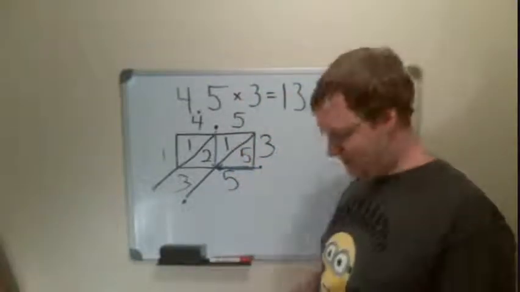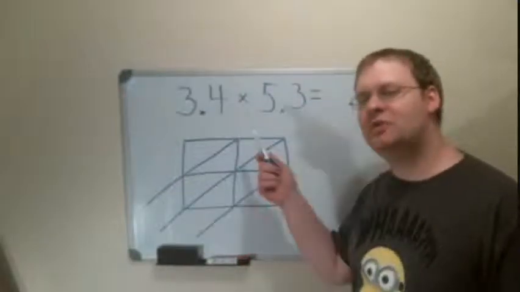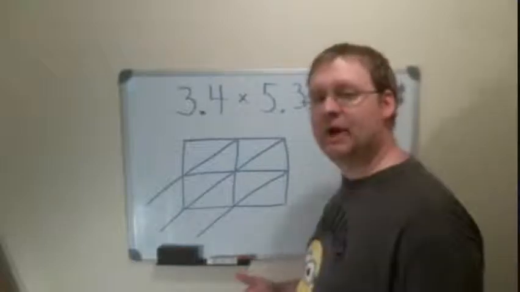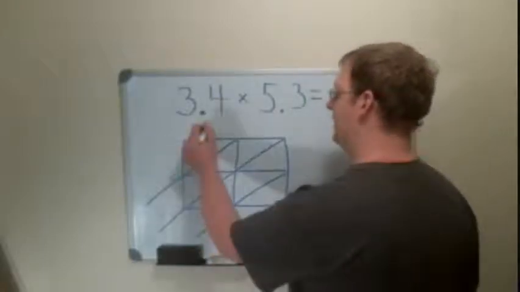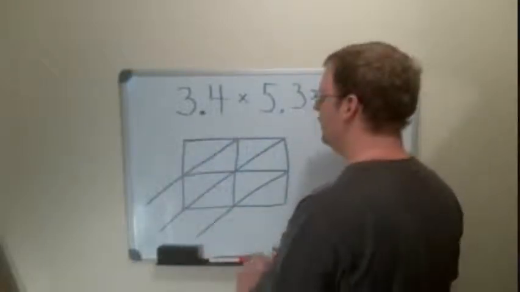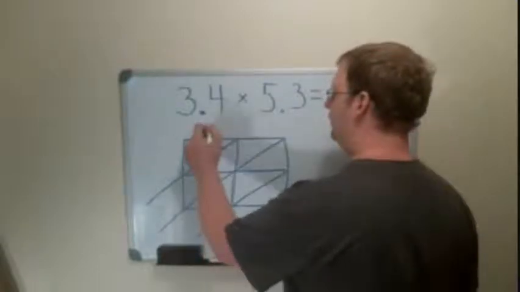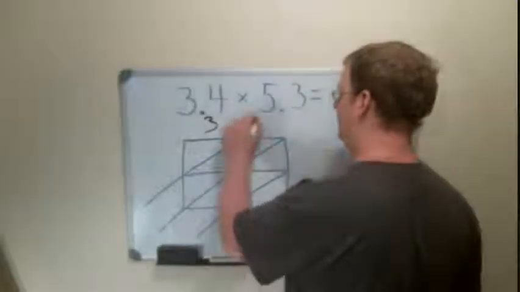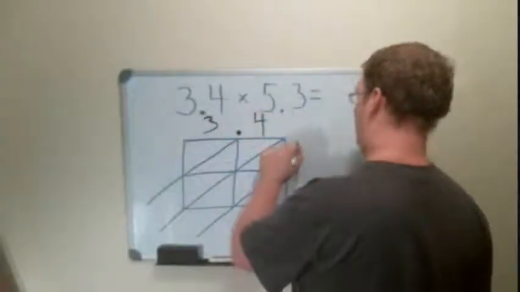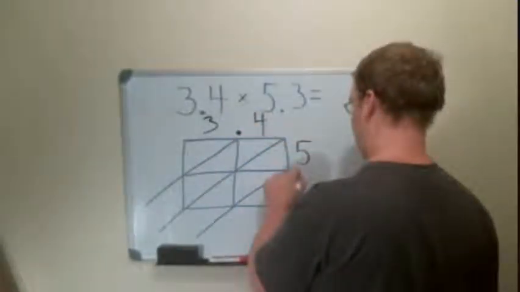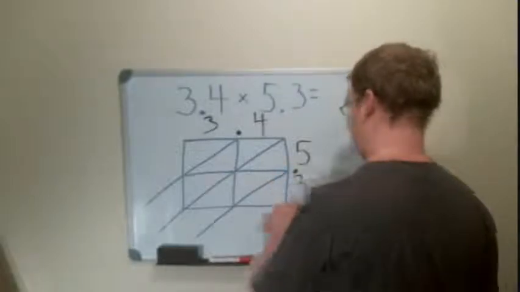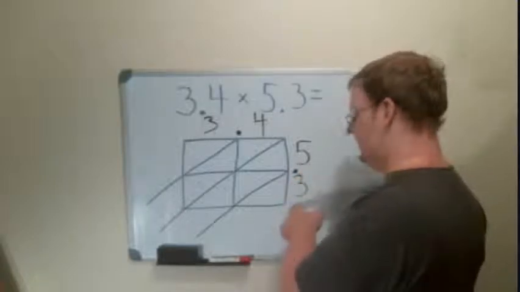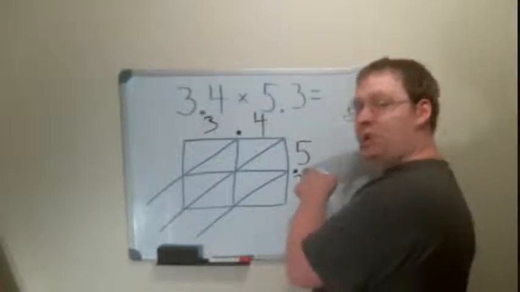How cool is that? The last problem we're going to try is going to have two numbers, and both of them are going to have decimals in them. So what we're going to do is write them down like we did the first time we had decimals. We have 3.4 and 5.3. Alright, so same thing we did before, except instead of the decimal being down at the bottom, the decimal's in the middle somewhere.